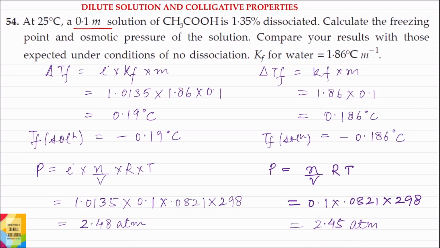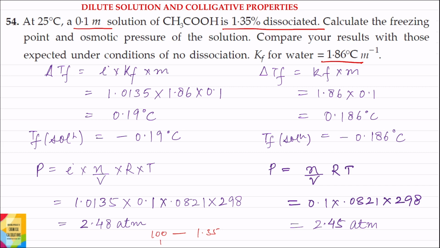0.1 M सोल्यूशन ऑफ एसिटिक एसिड है जो कि 1.35% डिसोसिएटेड है. फ्रीजिंग पॉइंट एंड ऑस्मोटिक प्रेशर ऑफ सोल्यूशन कैलकुलेट करना है अंडर कंडीशंस ऑफ डिसोसिएशन एंड नो डिसोसिएशन. Kf फॉर वाटर गिवन है 1.86. परसेंटेज डिसोसिएशन गिवन है, मतलब out of 100 moles of acetic acid 1.35 moles of acetic acid is dissociated.